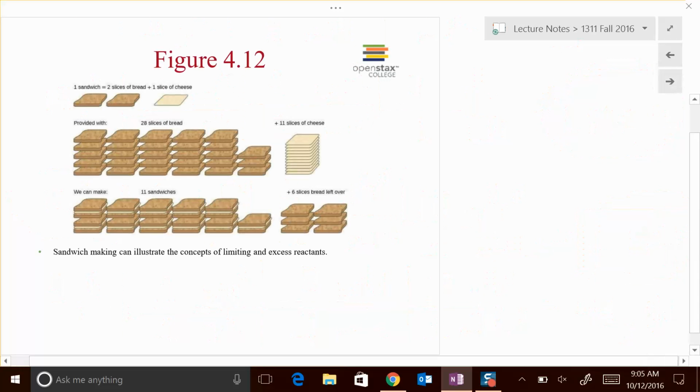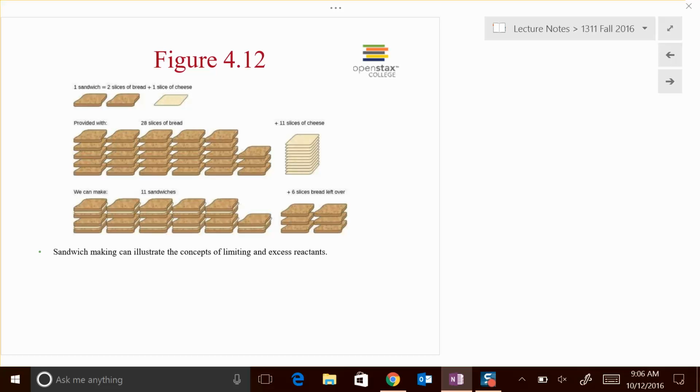All right. Let's look at this figure. Okay? So to make a sandwich, we need 1 sandwich equals 2 slices of bread and 1 slice of cheese. I guess this is a cheese sandwich. Not my very favorite sandwich, but okay. So we have 28 slices of bread here and only 11 slices of cheese. Right?